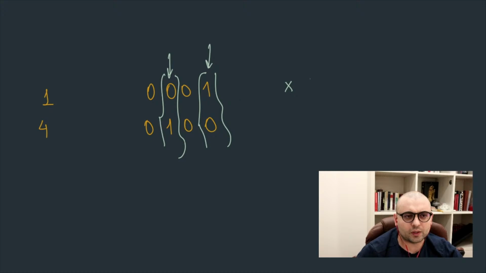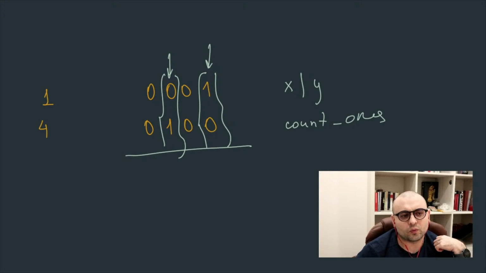Or not XOR but OR, X and Y, and then count once. Because if we have differences, then we do XOR and count how many ones we have. No, that's not right. Because we need differences, so we need, yeah.